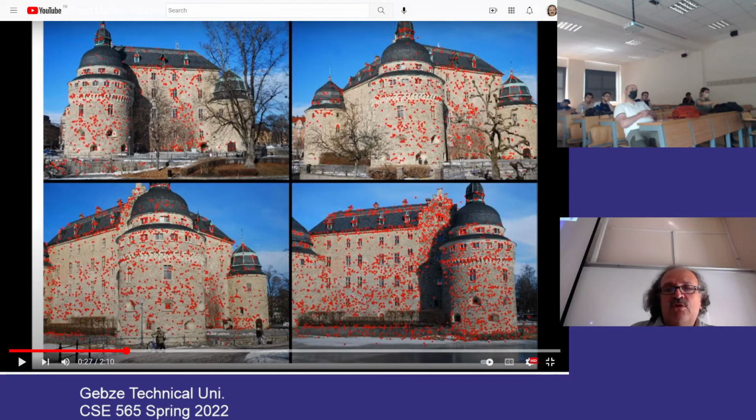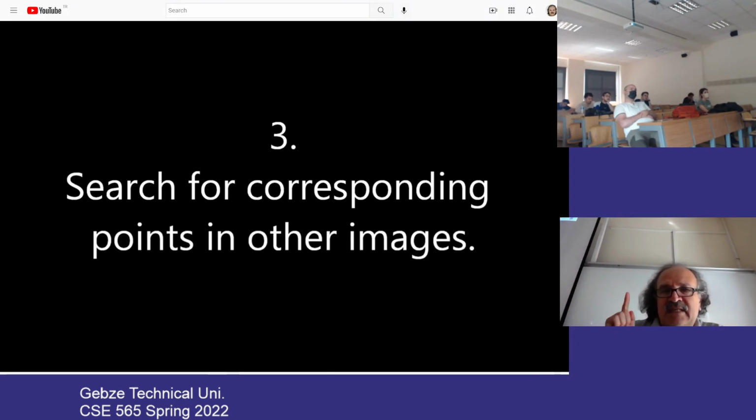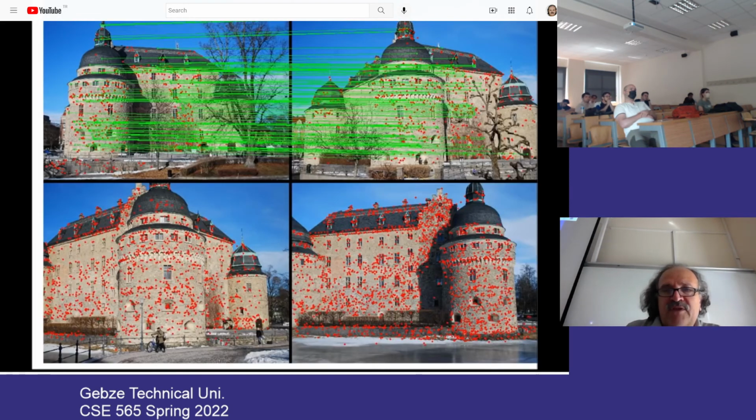So my algorithm is going to fail. For those kinds of cases, there are solutions, but I didn't talk about them. So this algorithm can work even if you lose tracking of some of the points, after the point correspondences.